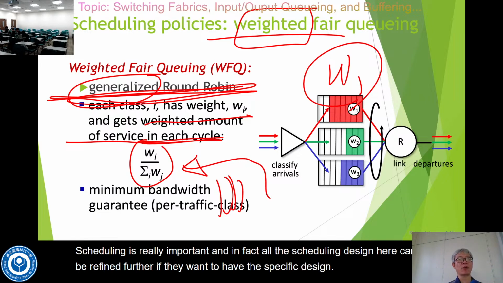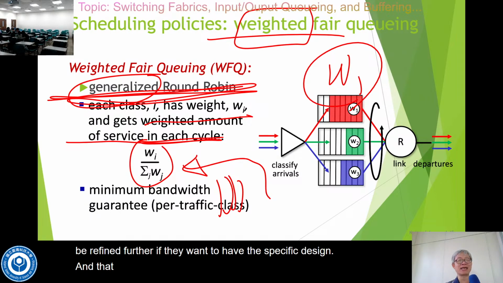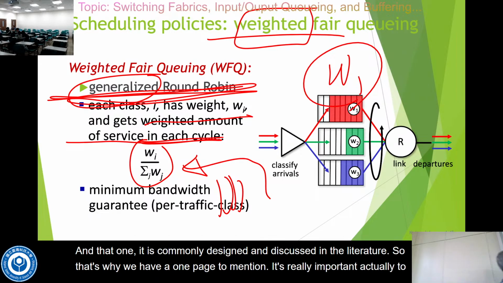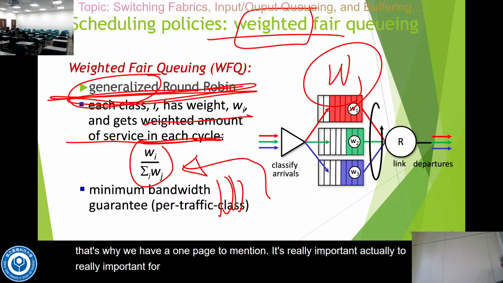That is commonly designed and discussed in the literature, so that's why we have one page to mention it. It's really important for the issues of scheduling.